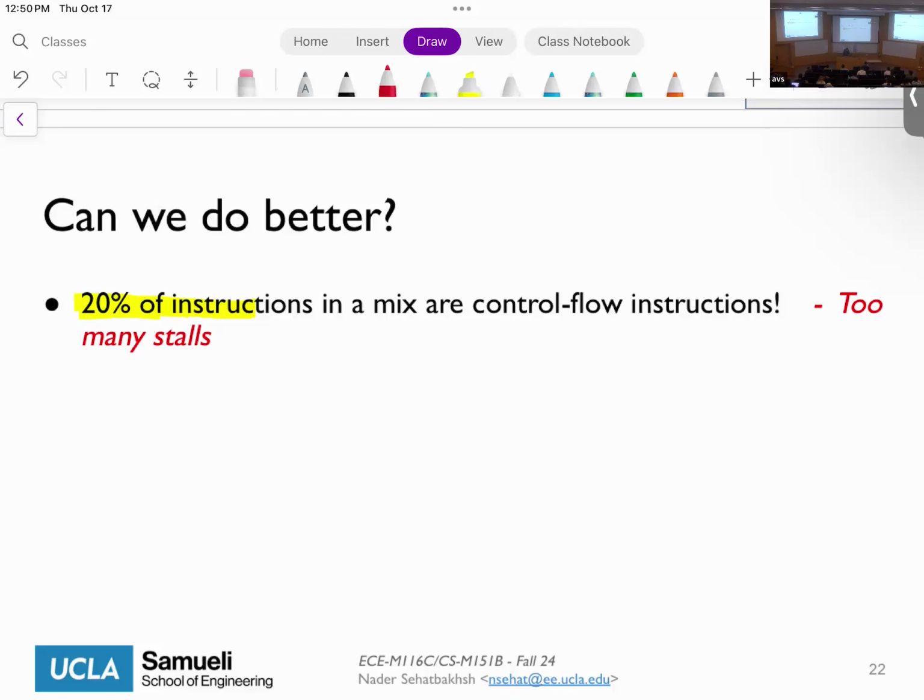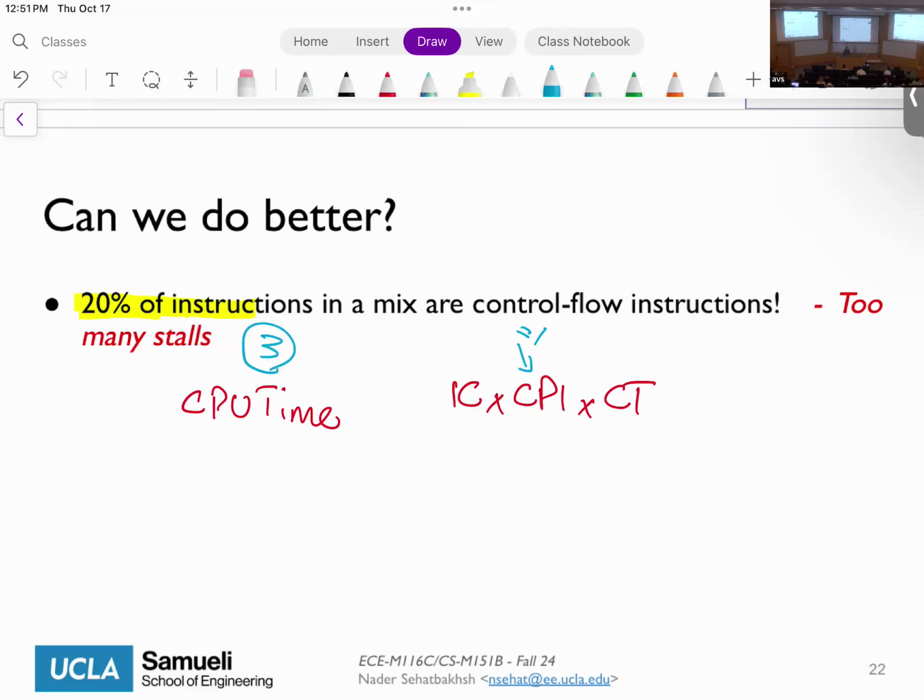You can actually compute what my CPU time would be for this mix. In the original mix, if you remember, I had IC times CPI times CT. And as I told you, ideally my pipeline CPI is almost equal to 1. Now, if 20% of my instructions are 3 cycle stalls, this means that 20% of the time, I no longer have CPI equal to 1. I have CPI equal to 4, because it's 3 cycles and then there's an additional cycle.